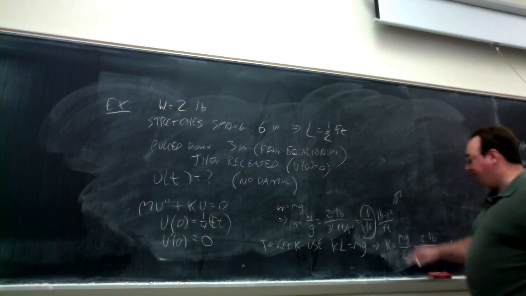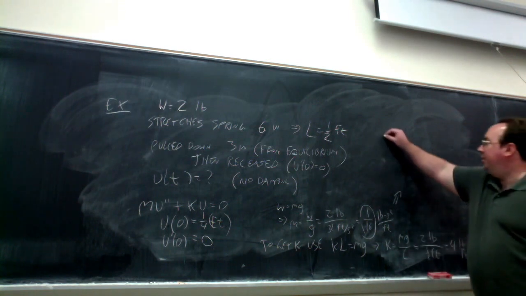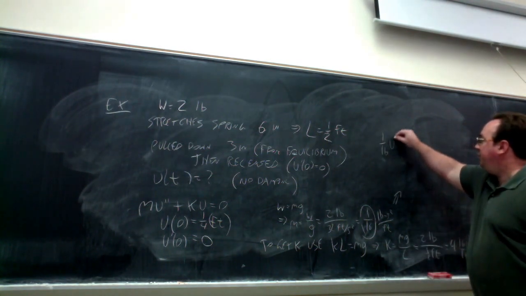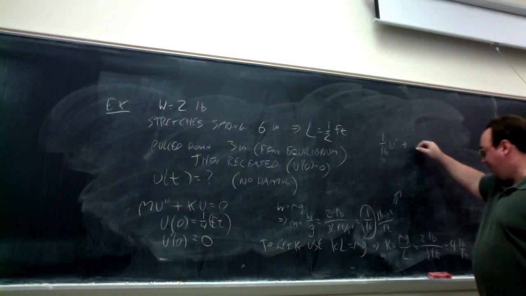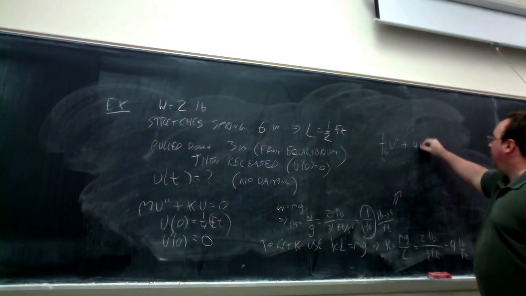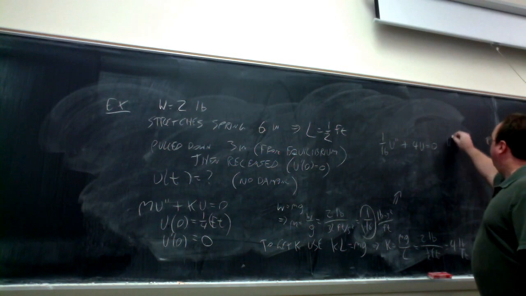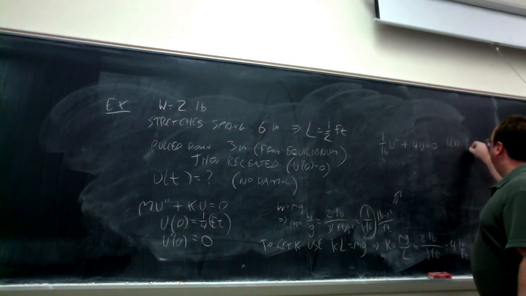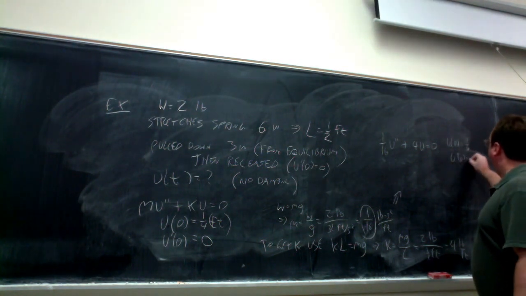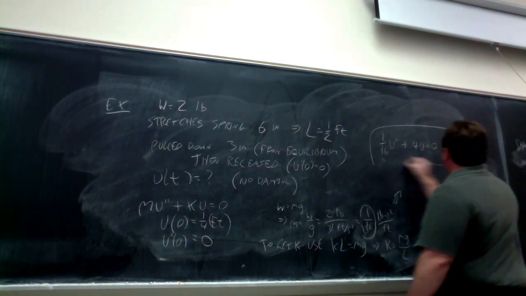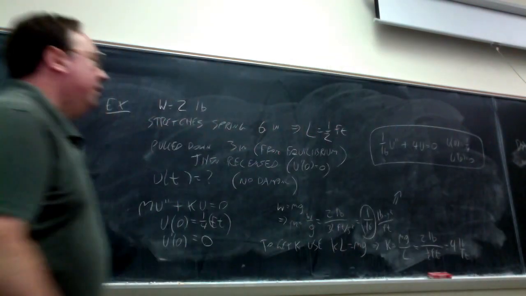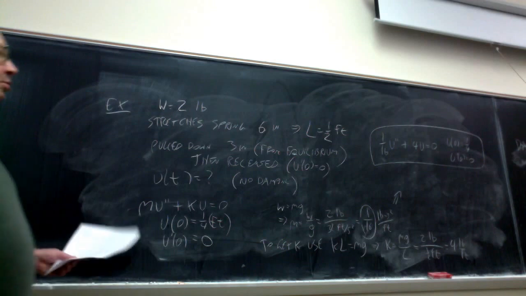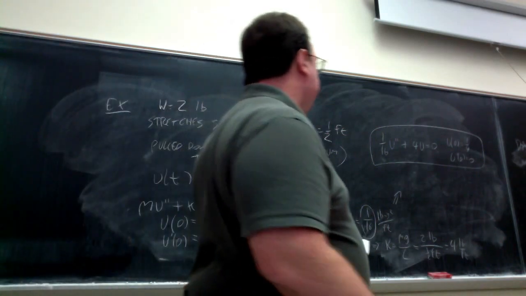So our equation has this form: 1/16 u double prime plus k, which is 4u, is equal to 0. And then we have our initial conditions. But keep in mind that this is a problem of no damping. We know what the solution looks like.